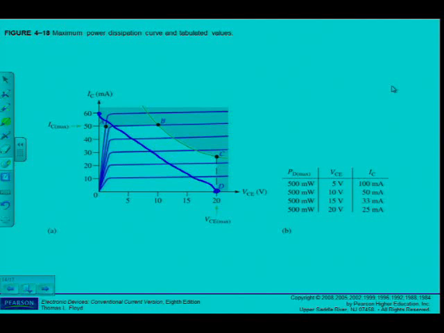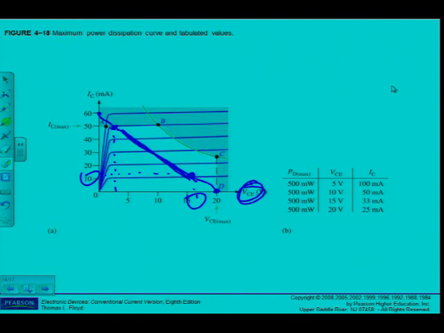Here I can see there I've got a fairly high IC, but VCE is then fairly low. As I move down along this load line, the value of IC becomes much smaller, but the value of VCE then increases. So they cannot be maximum at the same time.